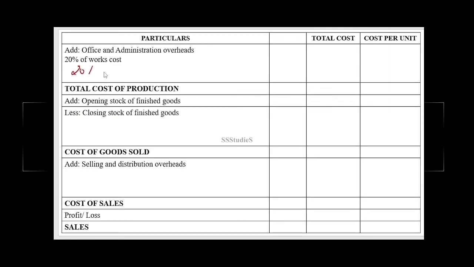So it is 20% of rupees 34,000. Now that comes to 6,800. So the per unit cost will be 6,800 divided by 20,000 units. That comes to 0.34.